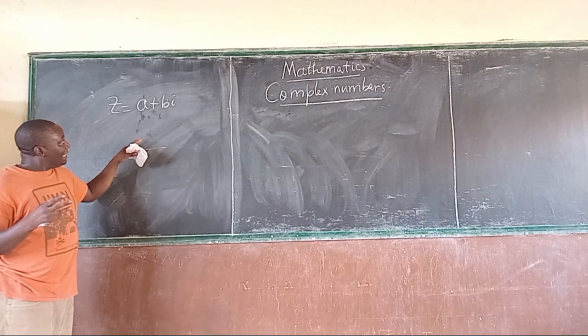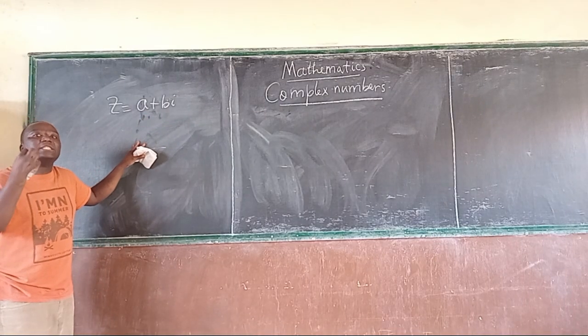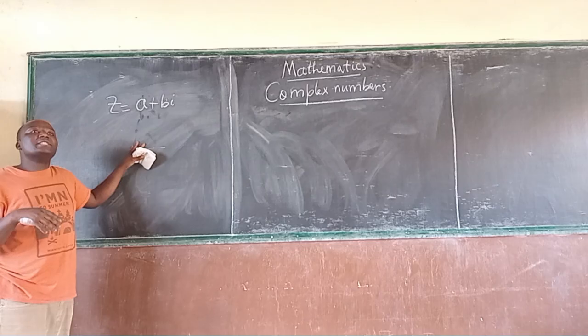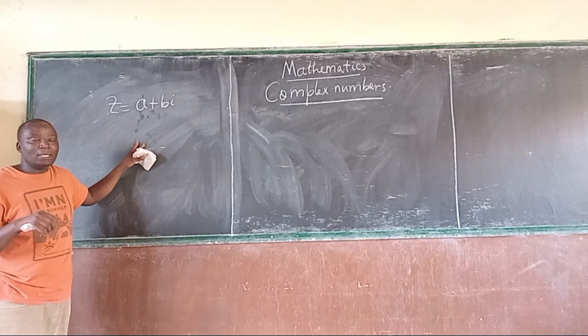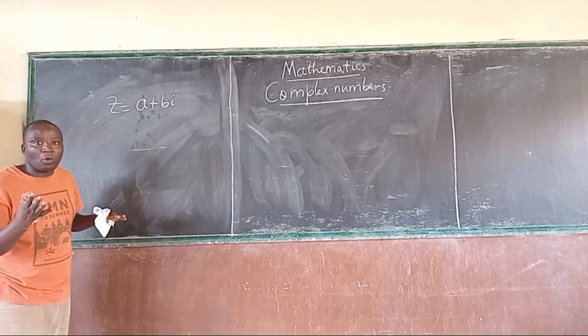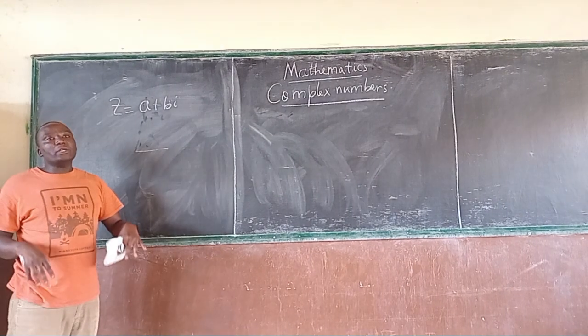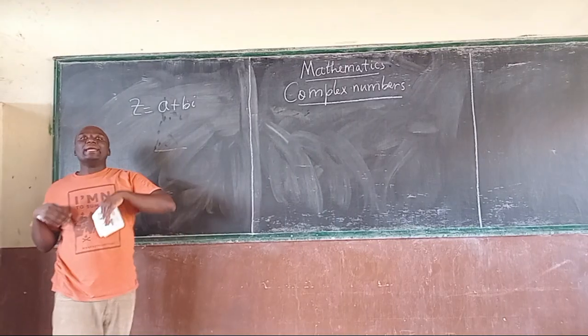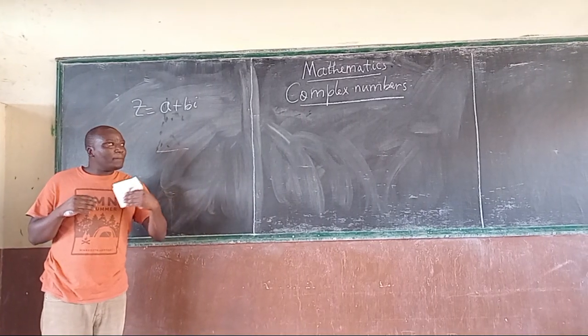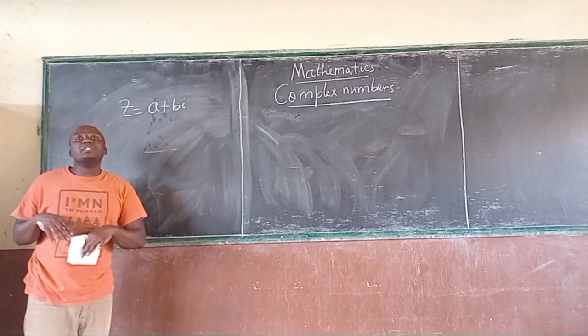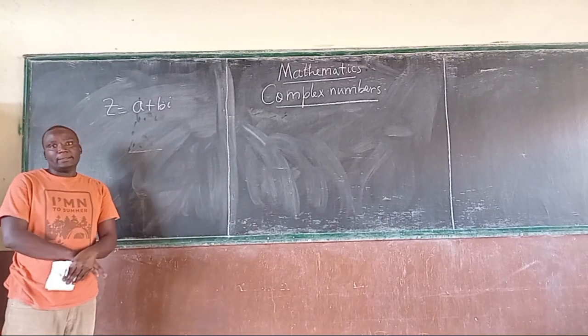Then, the second form, the lesson of today, is concerned with the trigonometric or polar form of a complex number. Teachers, we are going to discuss how you can express your complex numbers by using trigonometry.